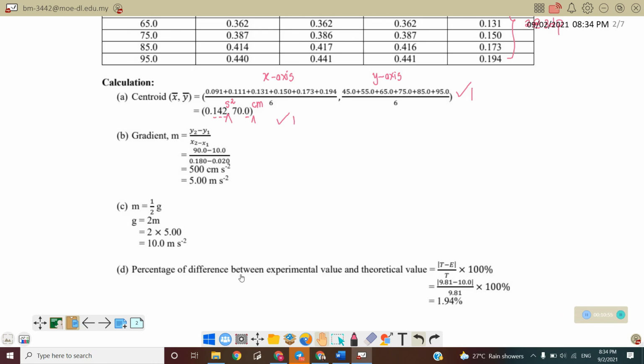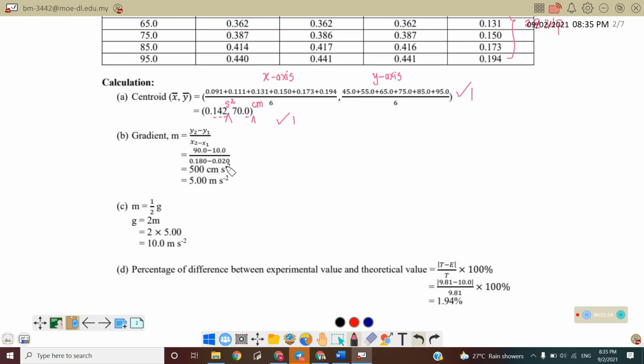For the y-axis, we can read only 1 decimal place, so it's 90.0. Even though it's 90, we must also write 90.0. Similar for our y1, 10.0. So you must write 1 decimal place here.